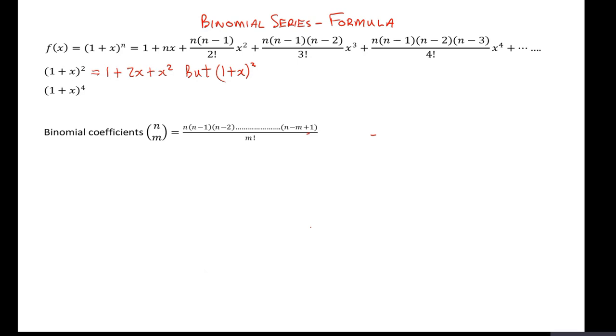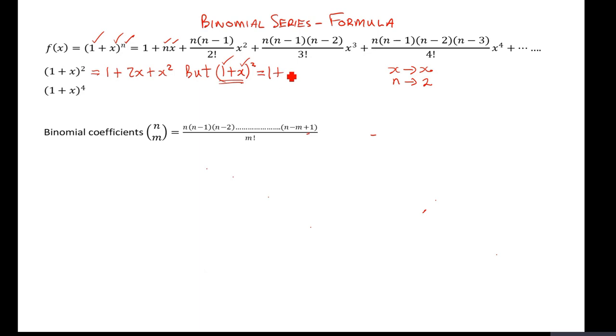Well, let's double check. Does it have the form of the binomial series? Yes, it does. The 1 is still there. The x is still there. So the x stays an x. But the n must be replaced by 2. So let's do that. The first term is 1. There's nothing to replace there. The next term has an n times the x.